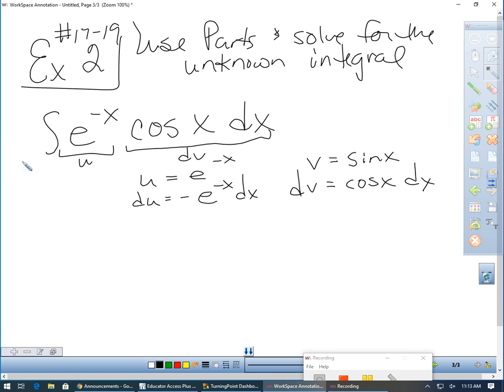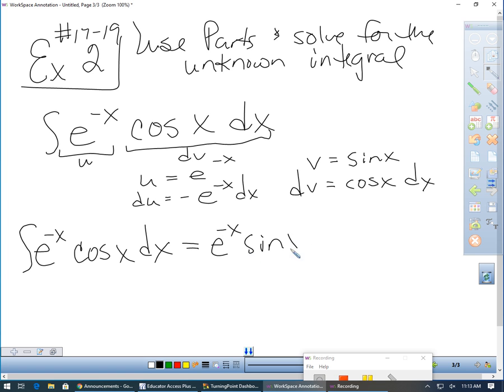So I have this integral, the integral of e to the negative x cosine x dx equals u times v, or e to the negative x sine x, minus the integral of v, sine x, du, which is negative e to the negative x dx.